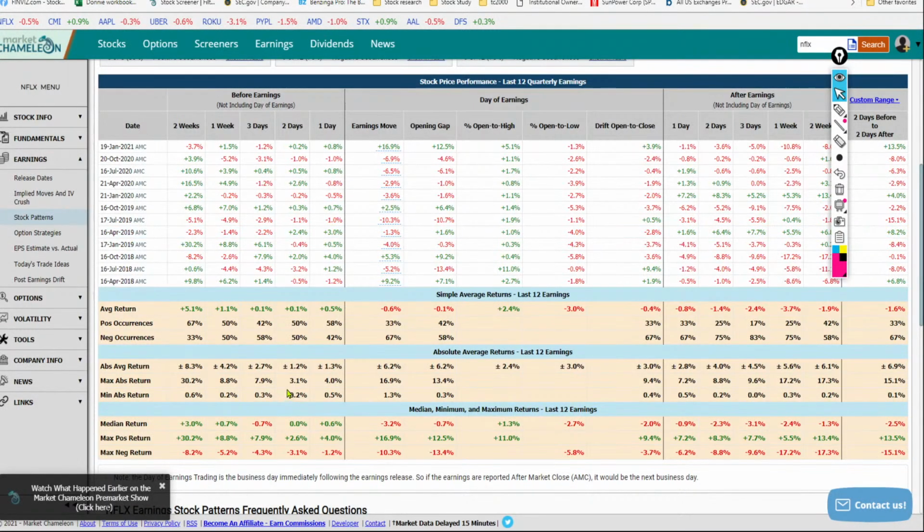Good. Okay. So for whatever reason, look at Netflix after earnings. Isn't it ridiculously bad? It's like we expect Netflix to take over the world, and then we realize they can't, or they're not, and then we sell them off.